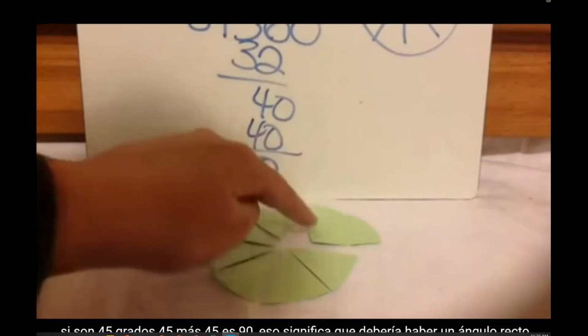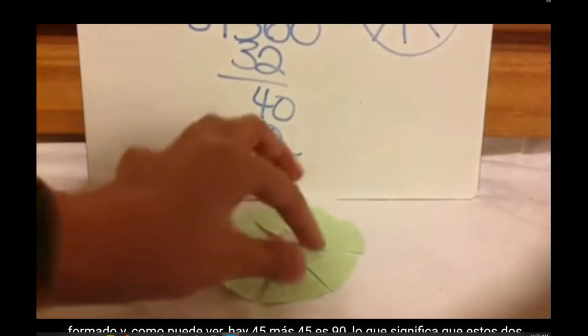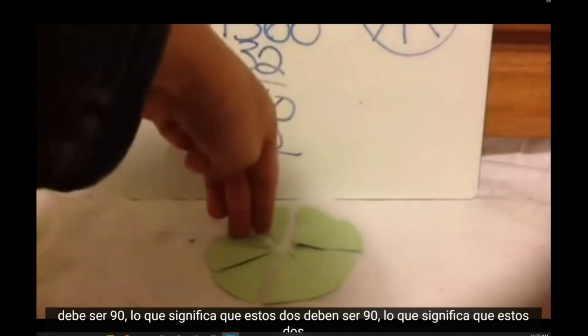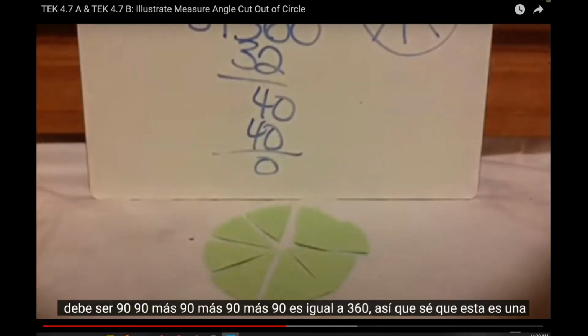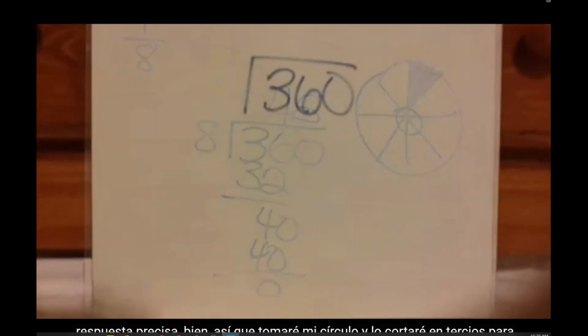That means there should be a right angle formed, and as you can see, there is. So 45 plus 45 is 90, which means these two should be 90, and these two should be 90, and these two should be 90. 90 plus 90 plus 90 plus 90 equals 360. So I know that this is an accurate answer.